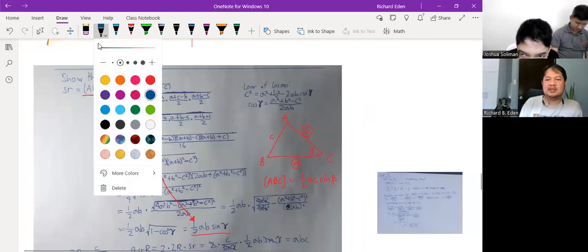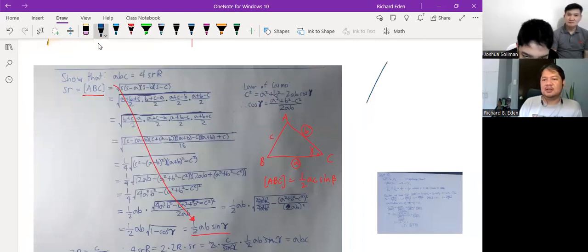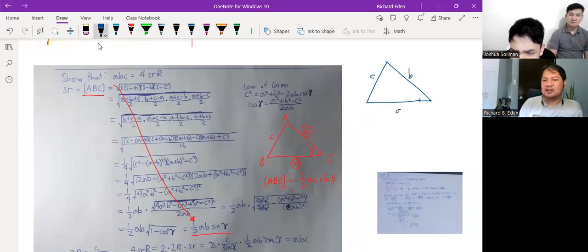So, let's say this is the situation. This is a triangle. Then you have B, C, and then as usual A. So A, B, C, and let's say you have an acute triangle. So height. So the area is 1/2 A times H, right?